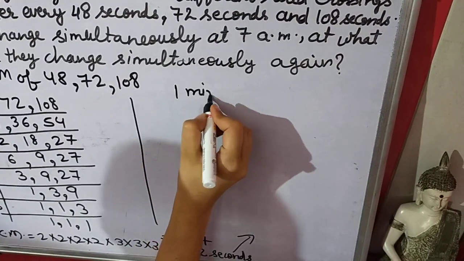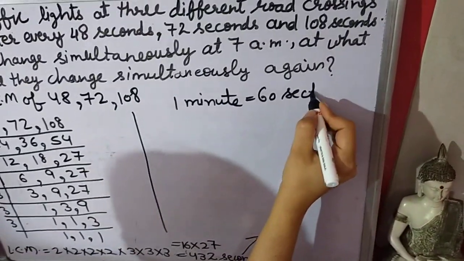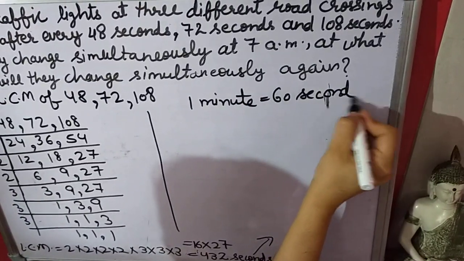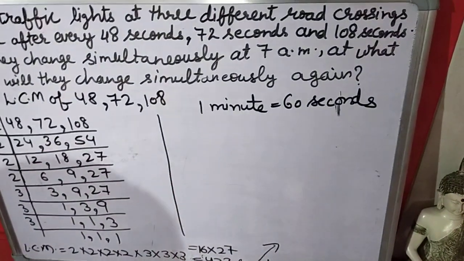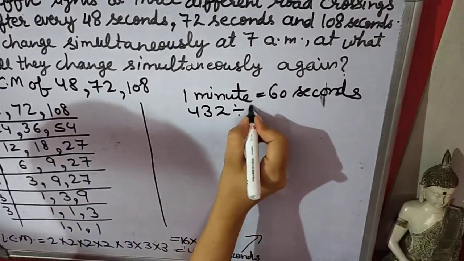In 1 minute, 60 seconds are there. When we have to convert seconds into minutes, we have to divide. So 432 divided by 60.